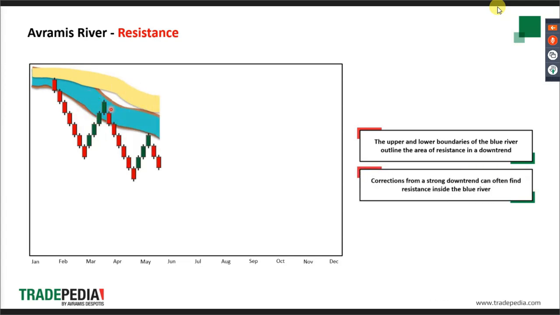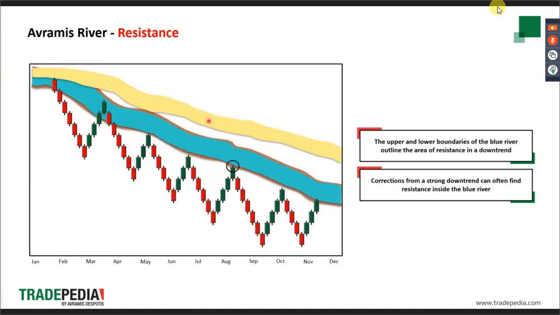So this time, if you want to be very safe, you can put your stop loss on the upper boundary. So corrections can often find themselves inside the blue river.